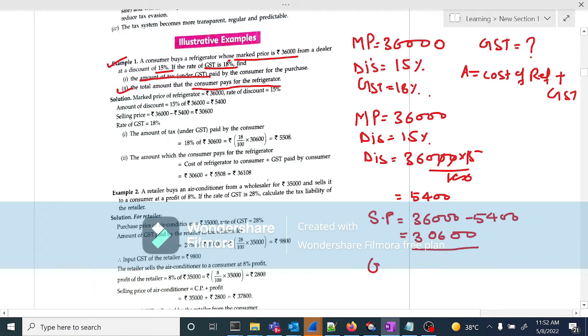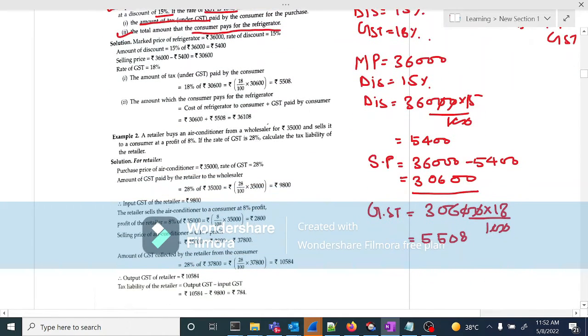So GST is how much? 18%, correct? So 18% of this is how much? 5,508. Clear? So GST is 5,508.